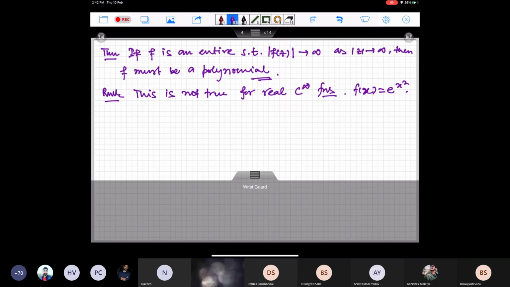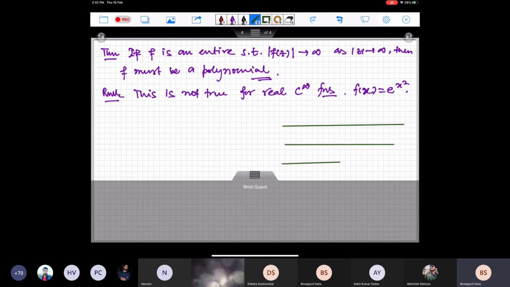Okay. So what about e to the power z? E to the power z is also not going to work, right? Because if you remember when I told you about the exponential function, I was telling you that the exponential function is periodic; on each strip of, let's say, width 2 pi, it was taking the same value, remember?